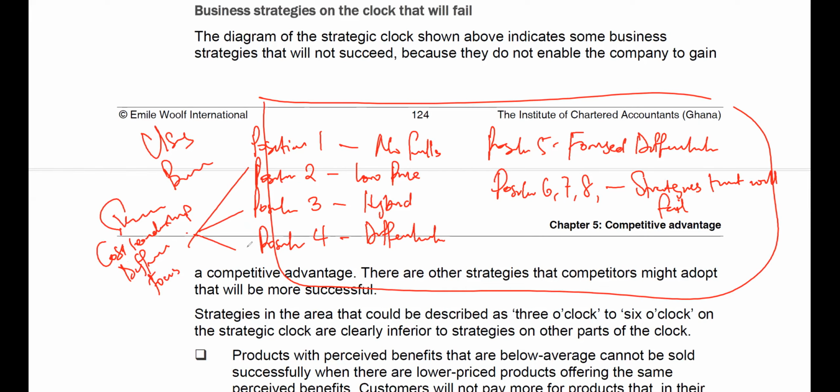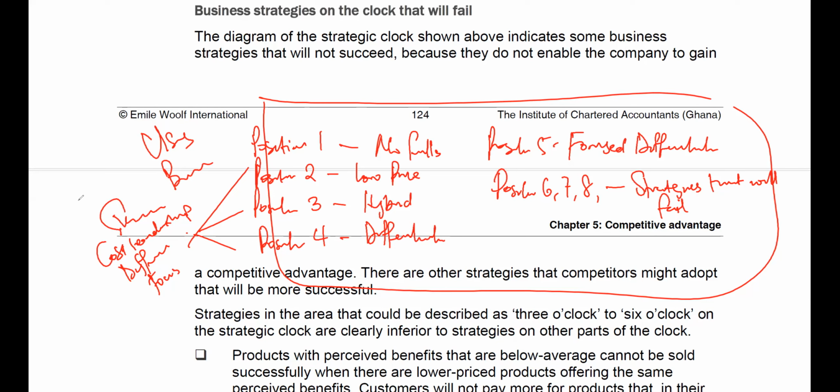So far as they ask about business strategies, we are talking about competitive advantage. And competitive advantage begins with these ones, right? But here we are looking at the perceived benefits, the best combination of benefit and price that will give the customer what? Are we okay? Yes. Okay, that's fine.